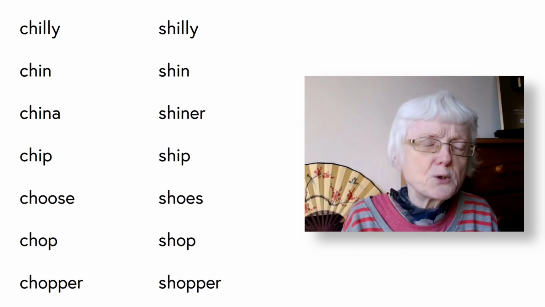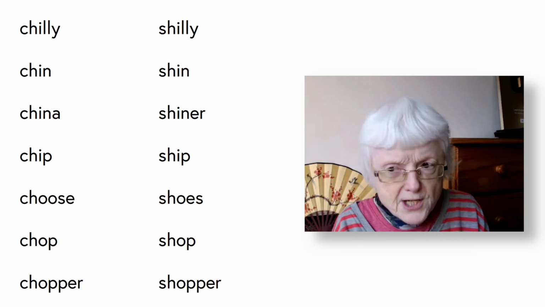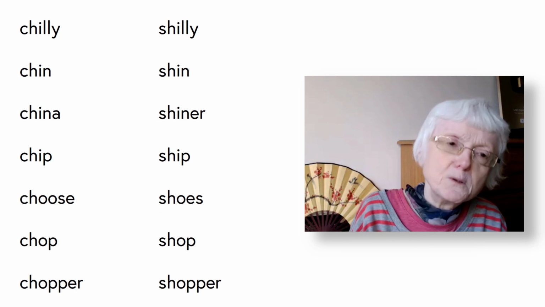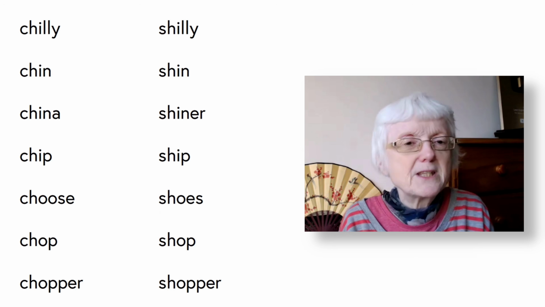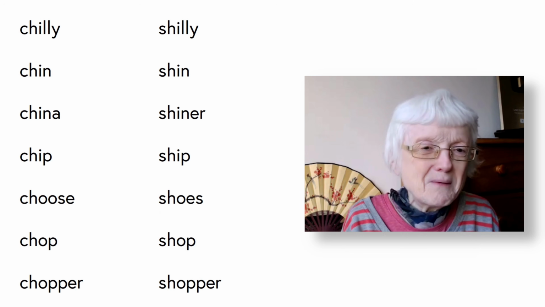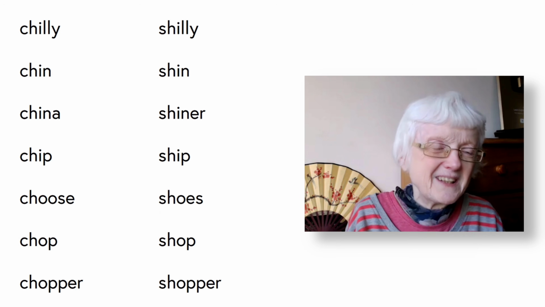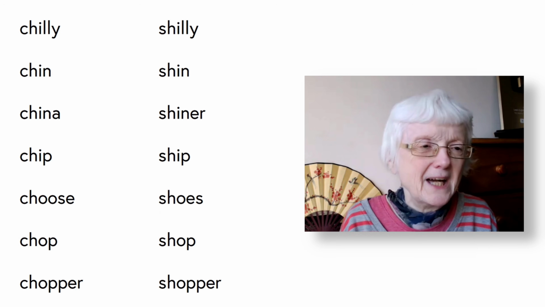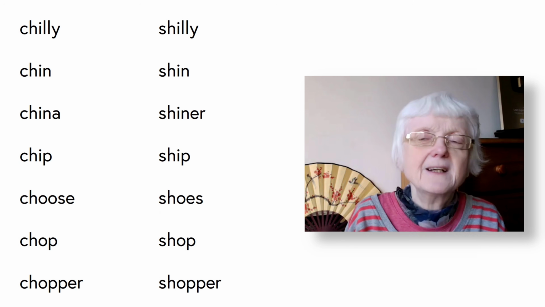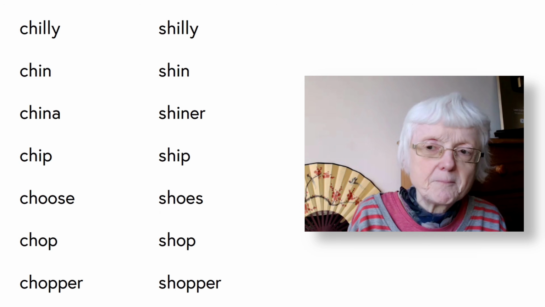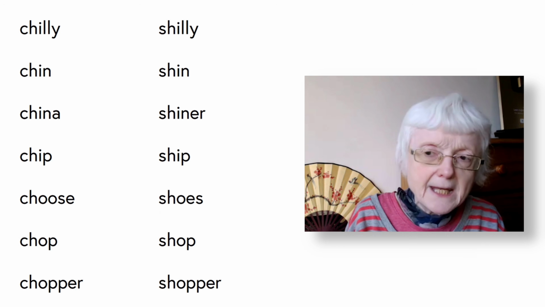If you say to the doctor, I've hurt my chin, or I've hurt my shin, the doctor needs to know which part of the body you're talking about. It's a good example because they're both parts of the body. So chin and shin.